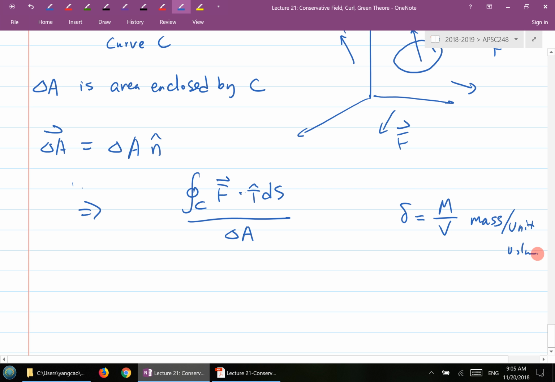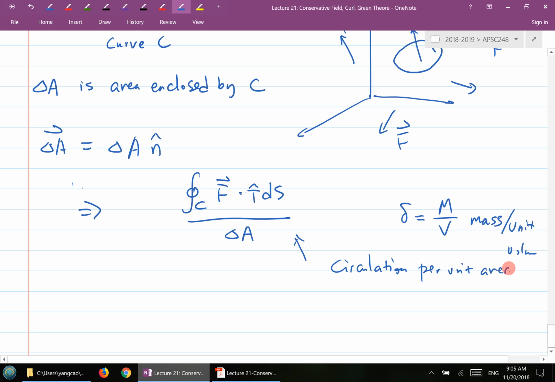Now look at what we have just done here. We have a circulation around the curve C, and then divided by an area. Can I consider this as circulation per unit area? That's a fair comparison, isn't it?